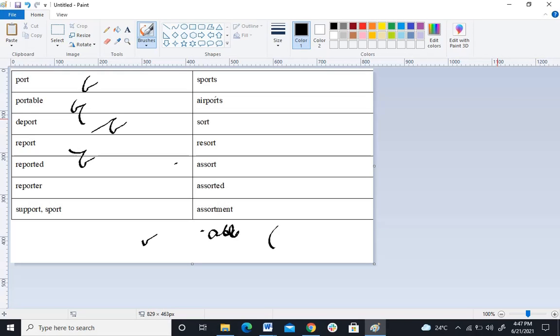We have report. Next, we have report. Okay, bakit re pero R lang? Kasi po, downward stroke yung ating susunod na stroke, kaya siya walang E. Pero kapag upward stroke or forward stroke yung susunod, meron siyang E. Pero nga, inuulit ko, it's downward stroke, kaya siya walang E. Okay? Next, we have reported.